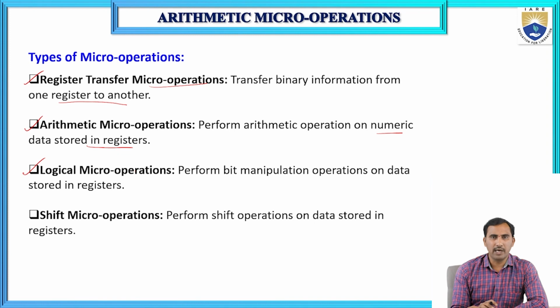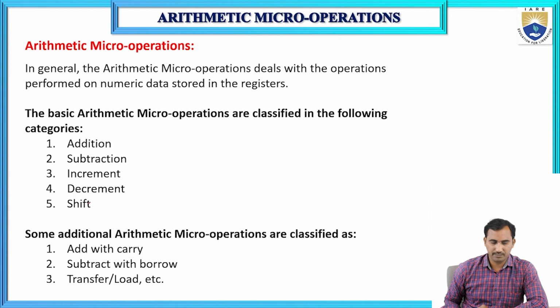They perform logical operations between the bits of two numbers, that is, bit manipulation operations on the data stored in registers. Examples of logical micro operations are AND, OR, XOR, clearing a register, loading a register with all ones. And coming to the shift micro operation, they perform shift operations on the data stored in registers. We have different shift micro operations.